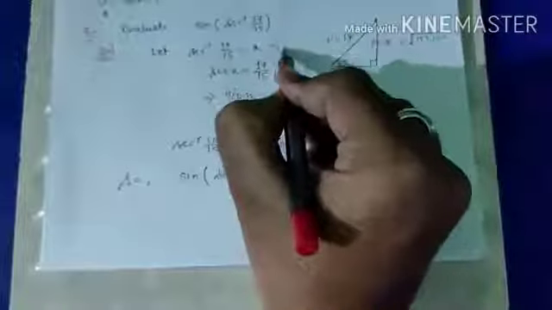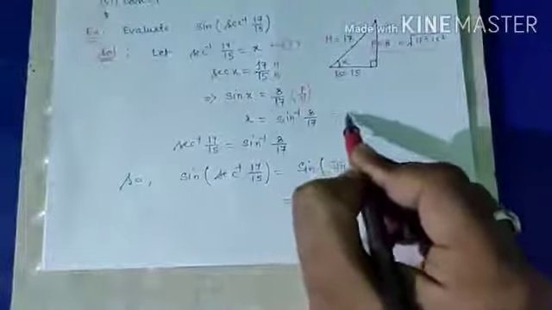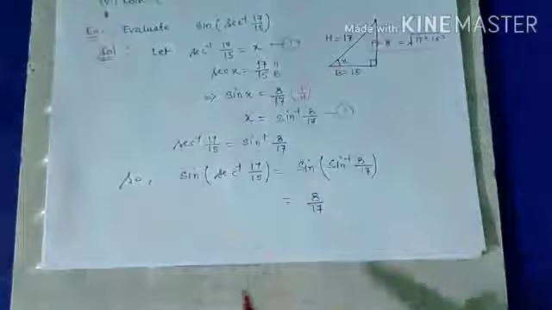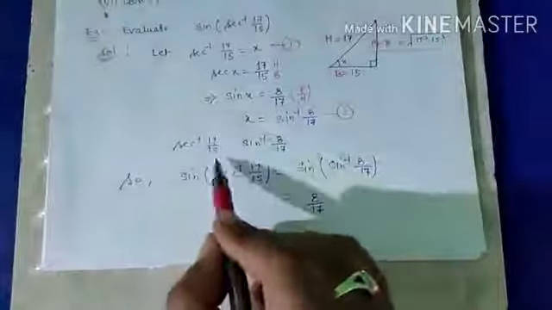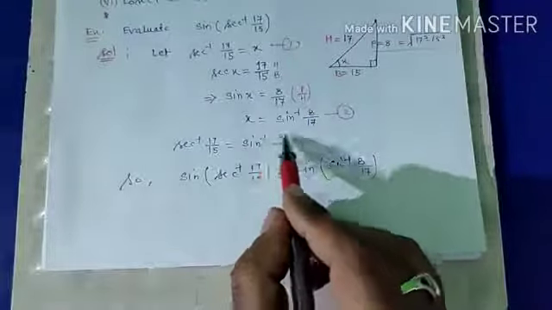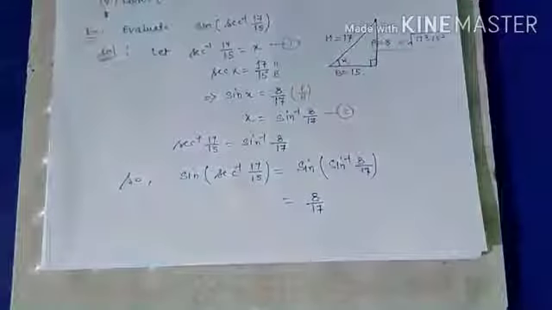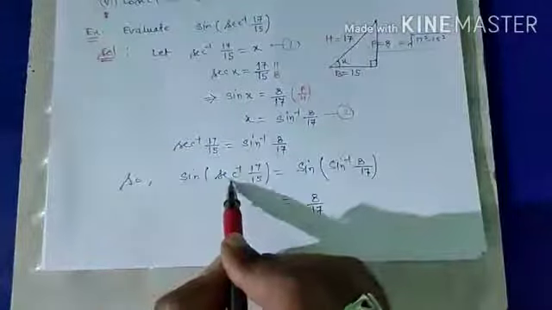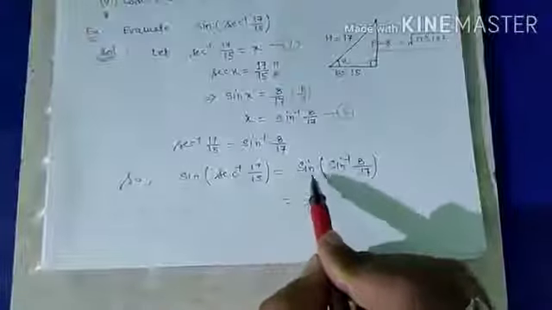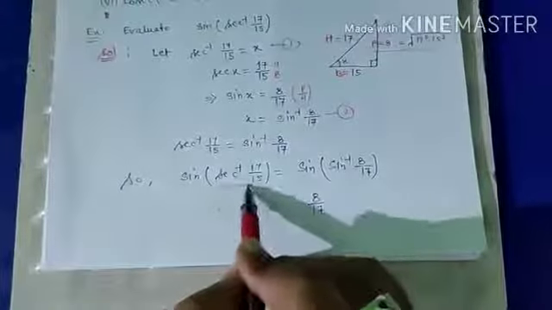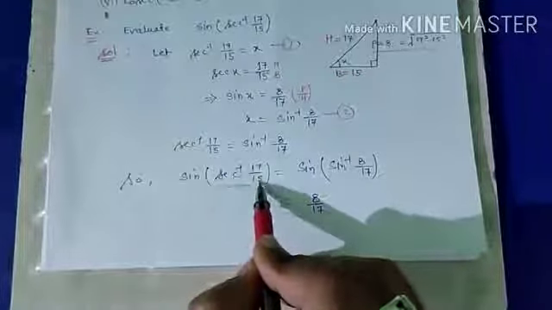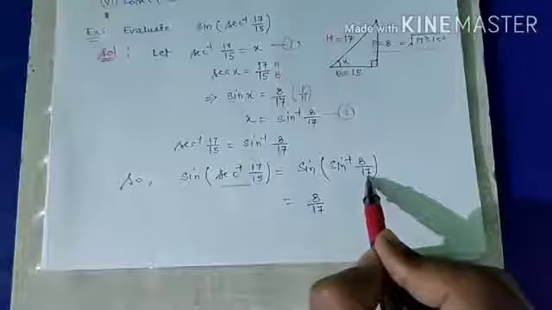So from equation number 1 and 2 I can say sec inverse 17/15 is equal to sin inverse 8/17. Now sin(sec inverse 17/15) is equal to, I have just replaced the value of sec inverse 17/15 by sin inverse 8/17.